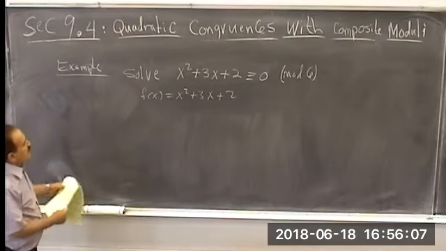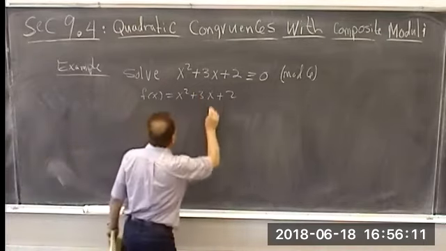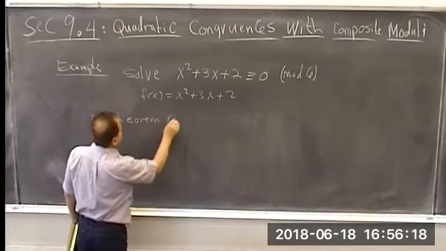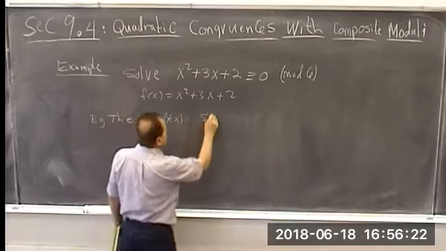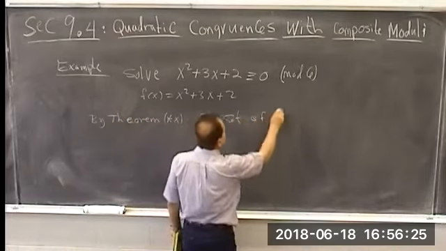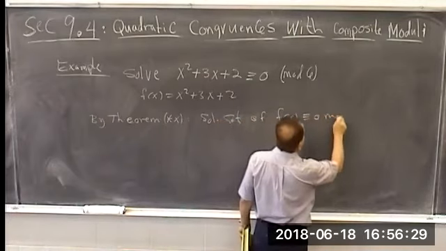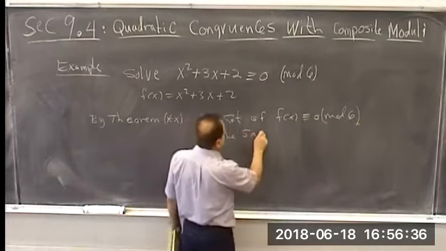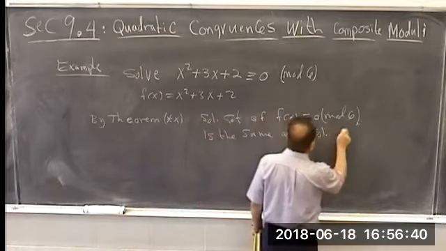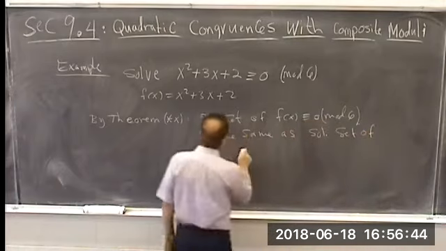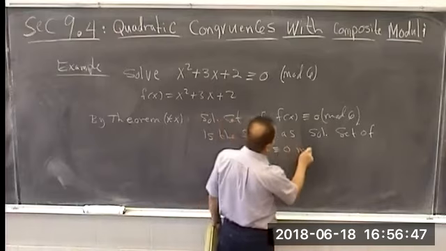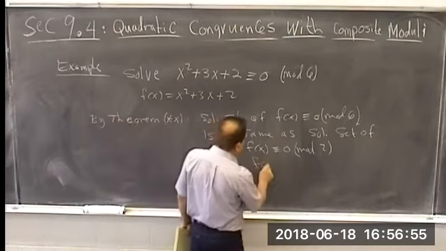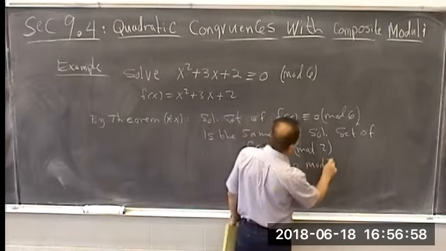And again, the idea is that by the theorem of the star, the solution set of f of x congruent to 0 mod 6 is the same as the solution set of this system: f of x congruent to 0 mod 2, which are the two factors of 6, and f of x congruent to 0 mod 3.